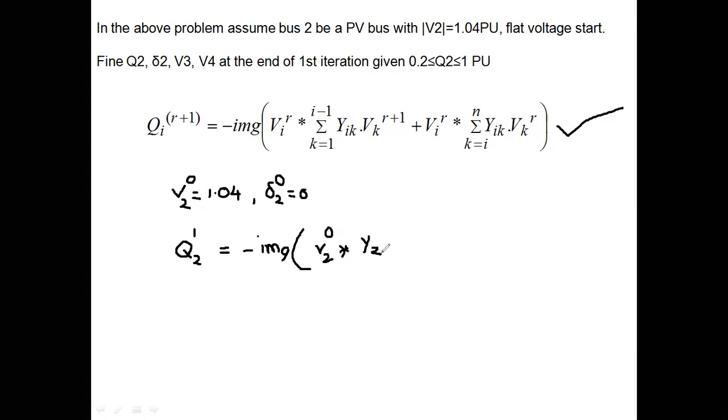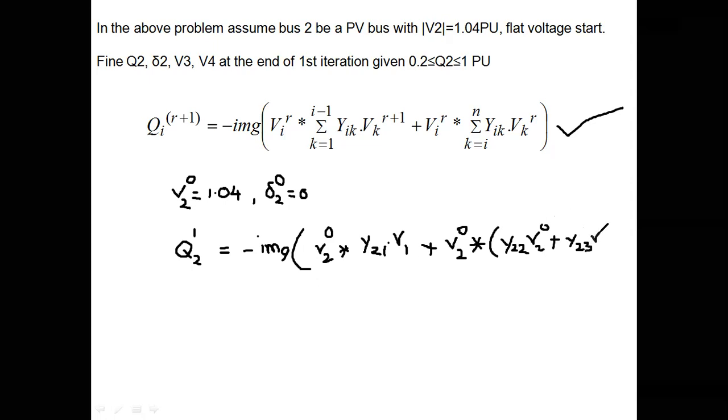So Y21 multiplied by V1 plus Y22 V2^0 plus Y23 V3^0.